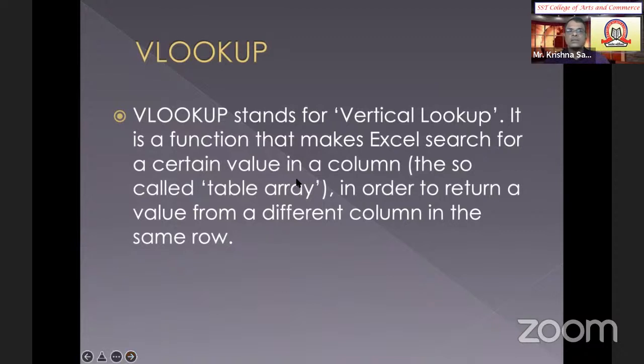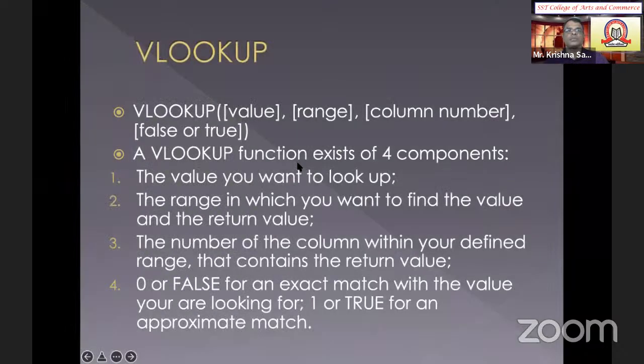We will see it with the example. First, we will see what the formula parts are. So first, what you want to look up, that is the value, then the range, your complete table, then the column number, and then the last part is FALSE or TRUE. So it consists of 4 parts. If you check, the value you want to look up.